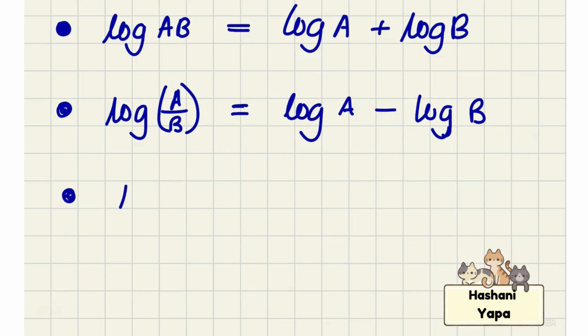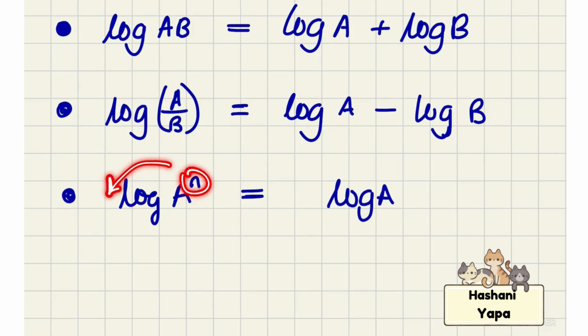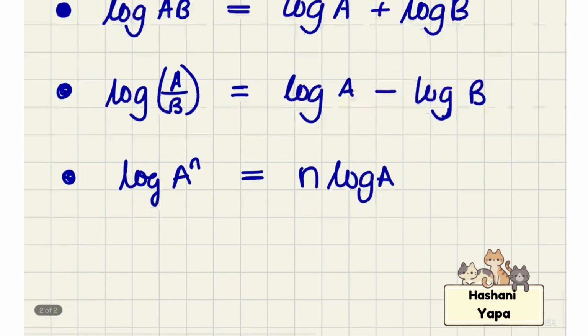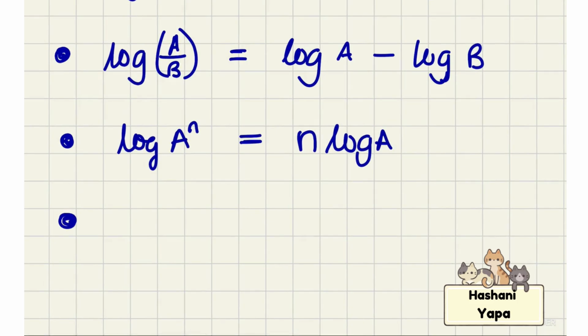If it's log A to the power n, I can write it as n log A. The power n jumps to the front of log A. Another rule: log x base x. If you have the same number as the base and the big letter, they're both the same, then this is equal to 1.